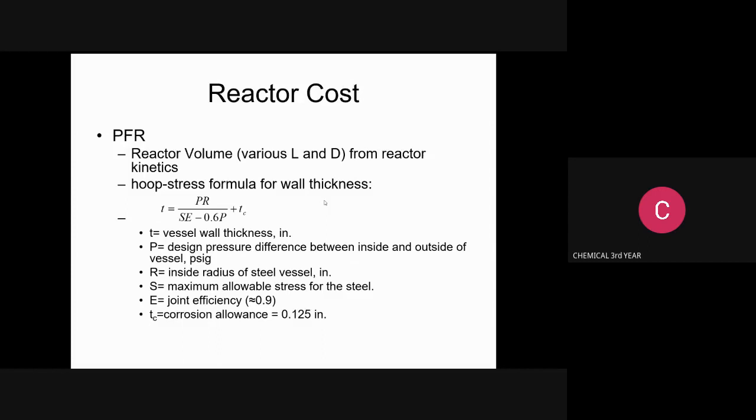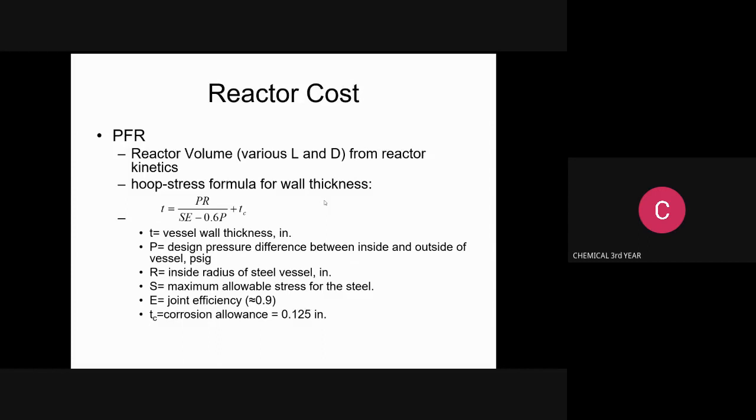Now I am going to explain the notations. t is the vessel wall thickness. The second one is P. P is the design pressure, the pressure difference between the inside and outside of the vessel, in units of PSI.